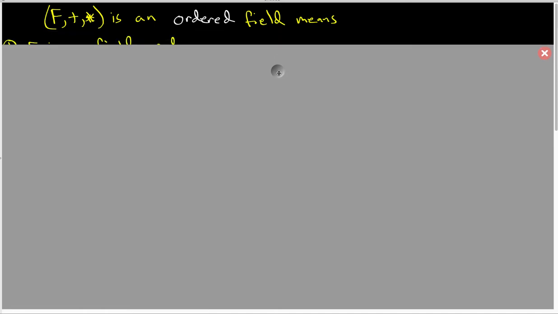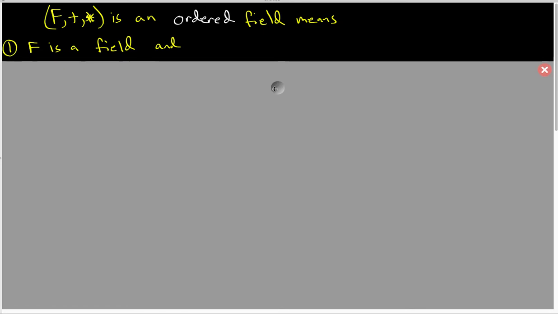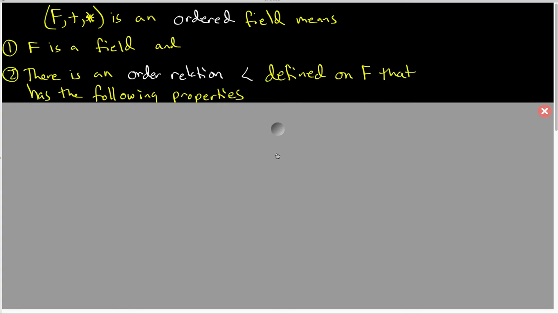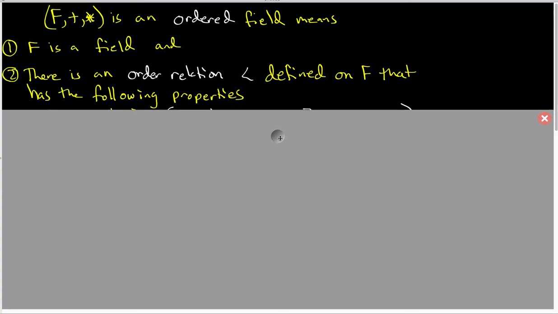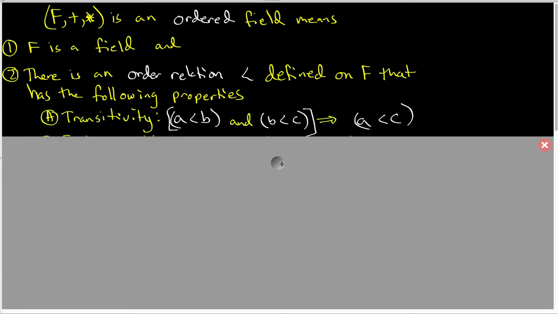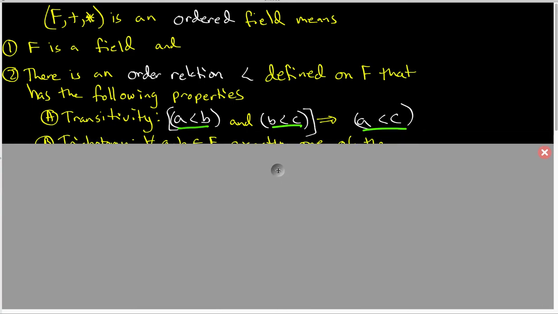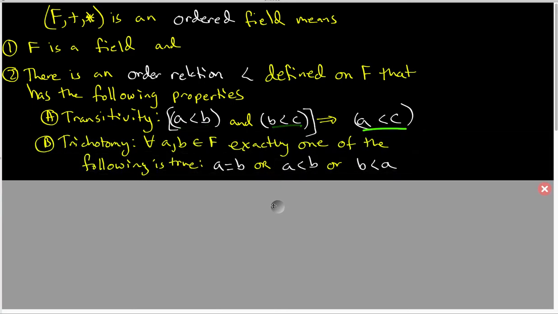An ordered field means that we have all of the ordinary properties of the less than relationship. In other words, we have a field and we have an order relation called less than that satisfies the so-called order axioms. The first order axiom is the transitive law: if A is less than B and B is less than C, we can conclude that A is less than C. We also have the law of trichotomy.